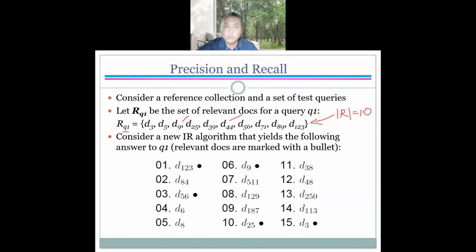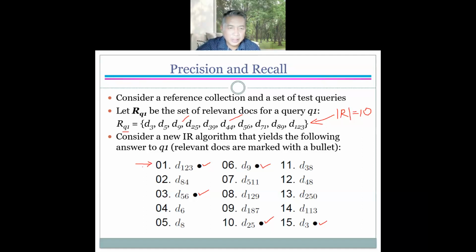Let's suppose the system gives you 15 documents, and the ones with the dot refer to the relevant documents. The objective here is, for each position that you have, for example here, you need to determine the precision and recall.